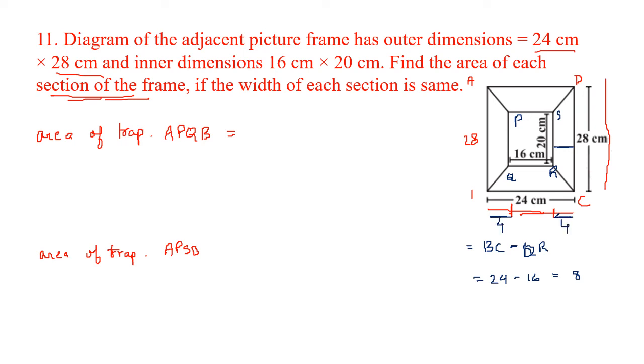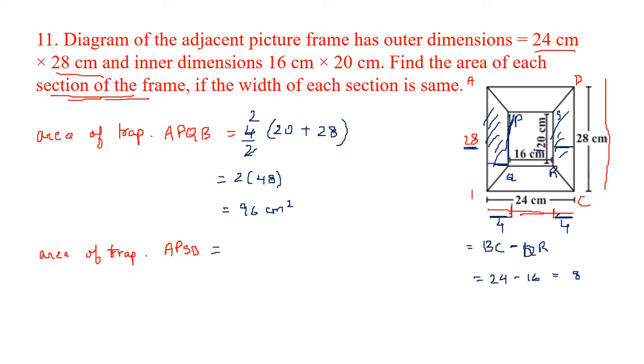So the altitude is 4. So I will do 4 upon 2 into bracket, length of one parallel side 20 plus length of other parallel side 28. So 2 1s are 2, 2 2s are 2 into 20 plus 28, that is 48. 48 2s are 96. So 96 centimeter square is the area of this trapezium and this trapezium.